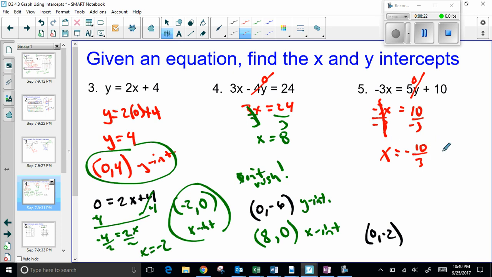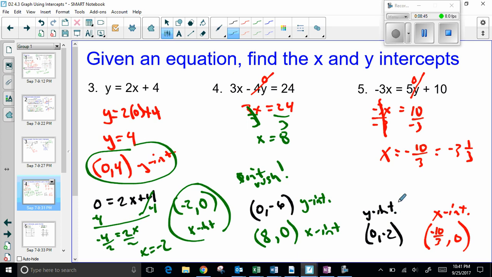I also could make it negative 3 1/3. Anyway, that's my other ordered pair. When y is 0, then x is negative 10 thirds. This is my x-intercept, and this is my y-intercept.